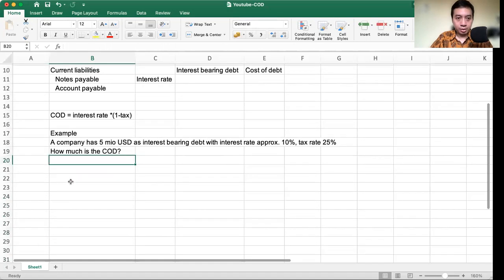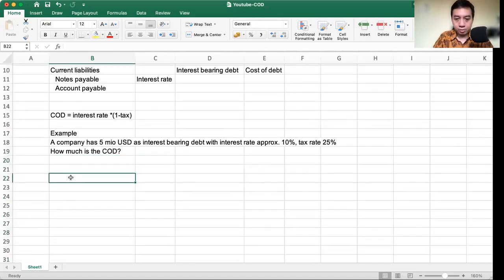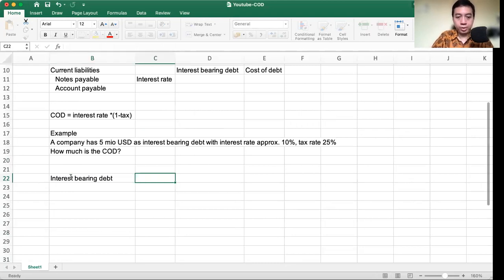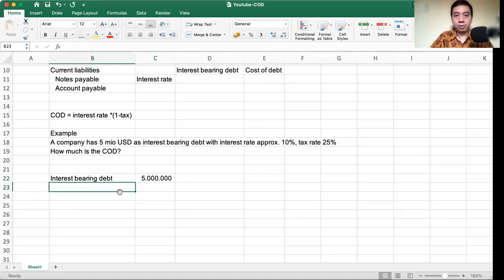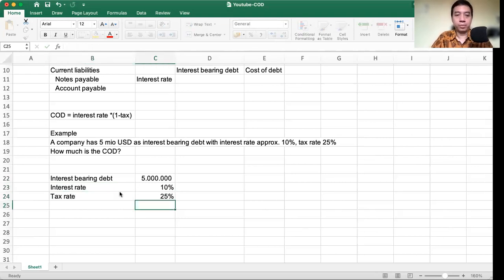Looking at this example, we might conclude that the interest bearing debt will be 5 million. So just put here, and then take a look at the interest rate, approximately 10%. And the last one is tax rate, the tax rate is 25%.